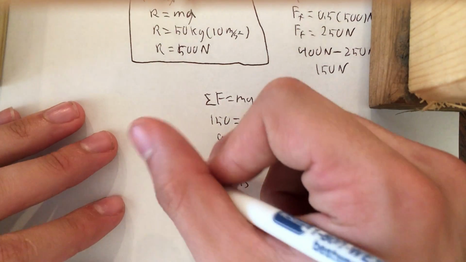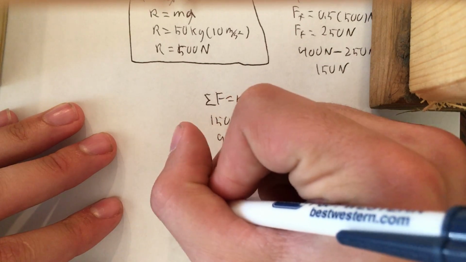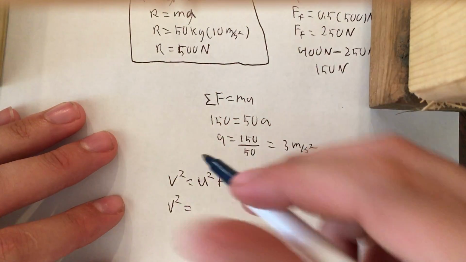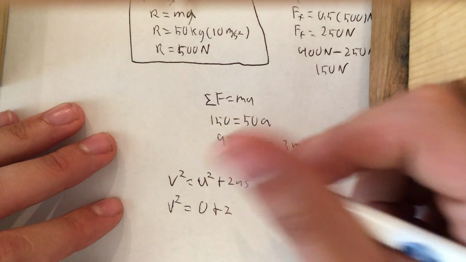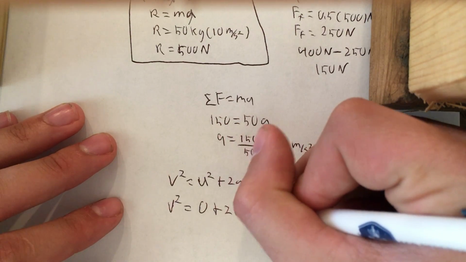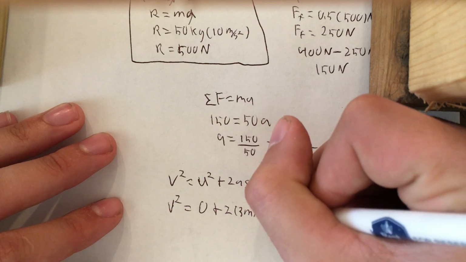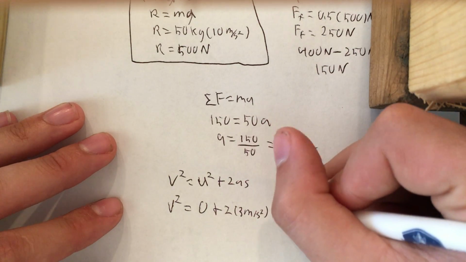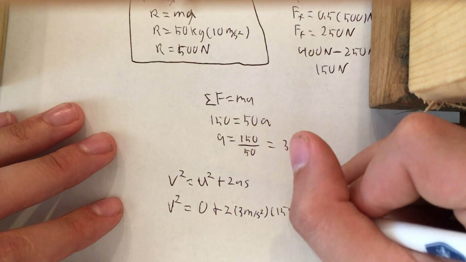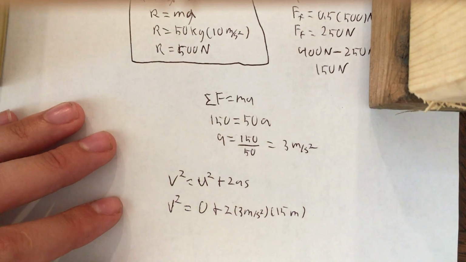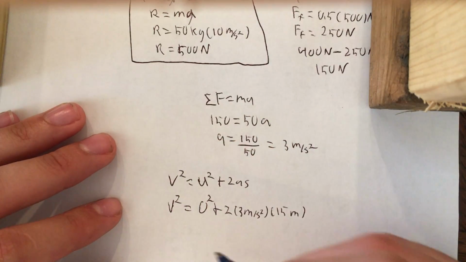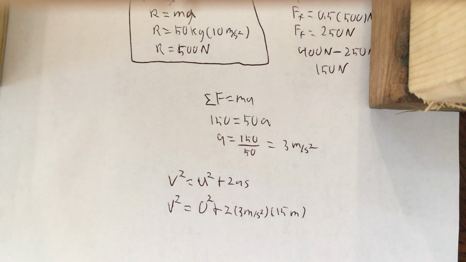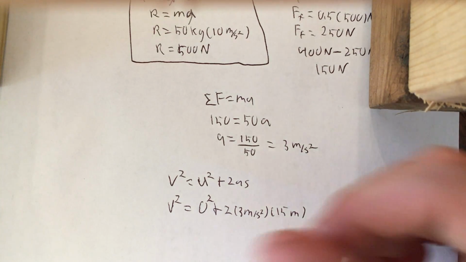So we don't know v squared, but we do know u squared, which is 0. And we know acceleration, which is 3 meters per second squared, and displacement, which is 15 meters. With this, we can then use algebra and find the final answer.